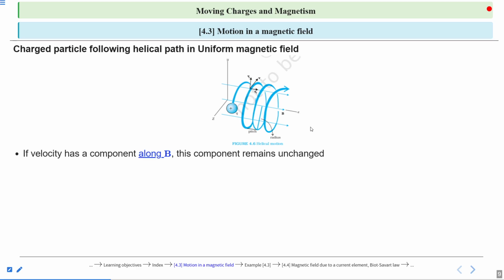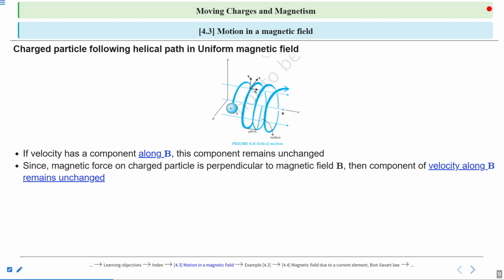So if the velocity is perpendicular to B, as in the circular motion case, then there is no component of velocity along B. Now the velocity is at some angle, so there are two components of velocity, one along B and one perpendicular to B. The component along B remains unchanged, because velocity doesn't change when the particle is moving in the direction or opposite to the direction of the magnetic field.